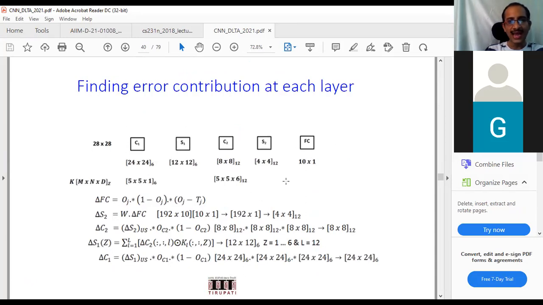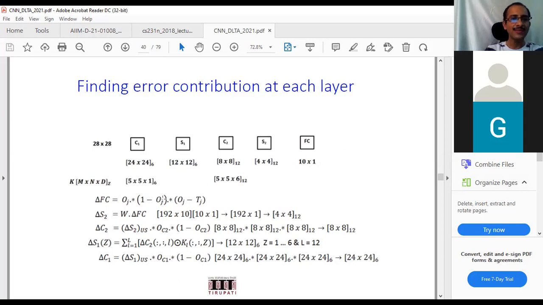F dash here is written as F into 1 minus F. If we consider the output at the output layer as O, then O into 1 minus O will be F dash at that location, F dash of the net value. And O minus T is the error, like dou E by dou O. That's what is written here.